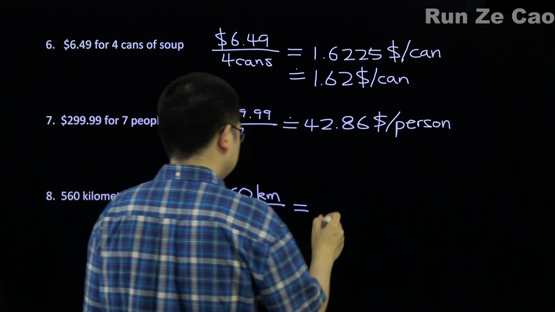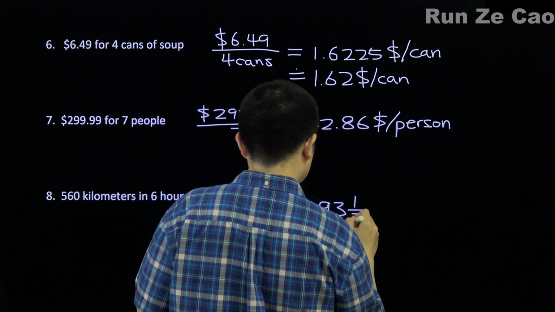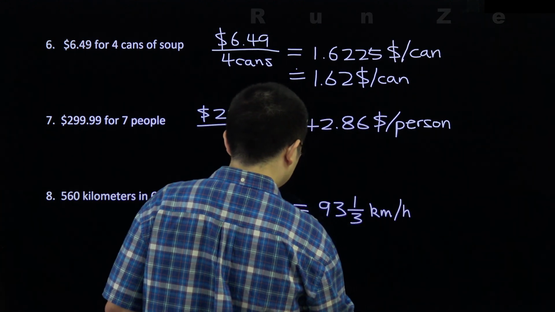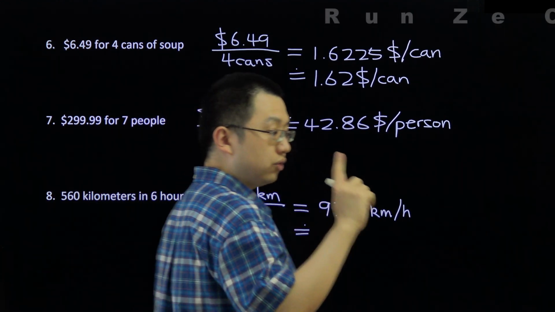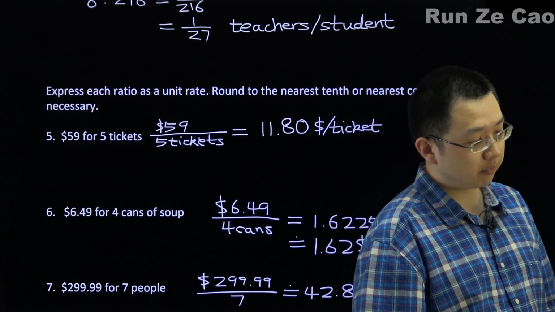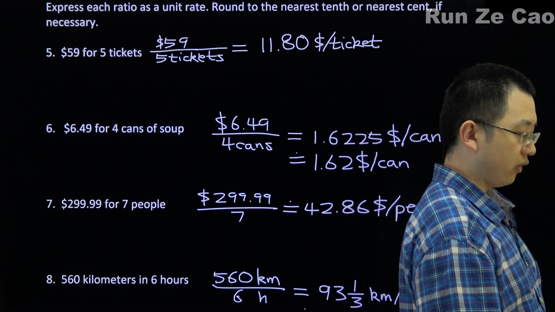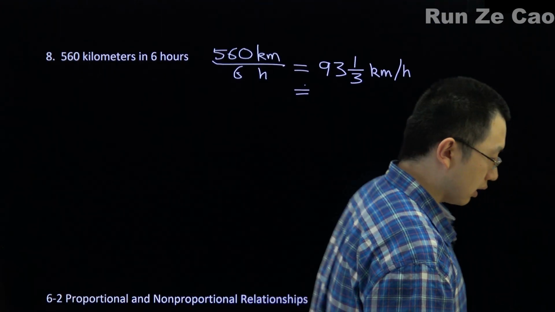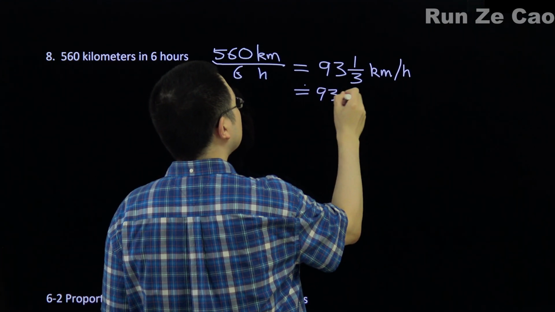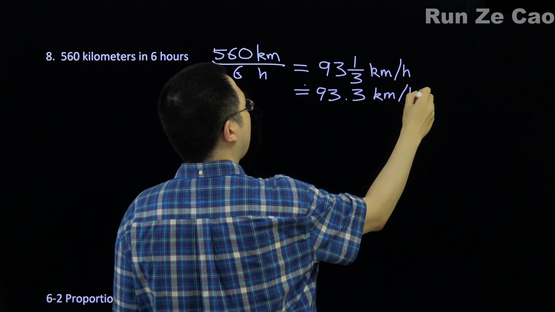It's 93 and 1/3 kilometers per hour. Or approximately, it's said to the nearest tenth, right? Check back to the problem, guys, if you have any doubts at all, ever. So, we end up with approximately 93.3 kilometers per hour.